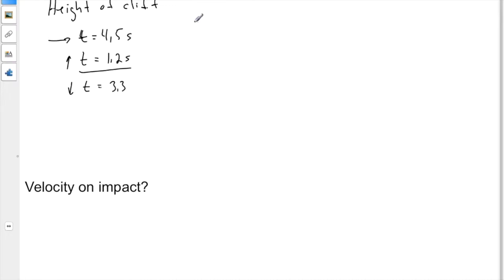From the top, the velocity is equal to 0, so effectively we just have an object dropping. So distance is 1/2 at squared, 1/2 times 10 times 3.3 squared.